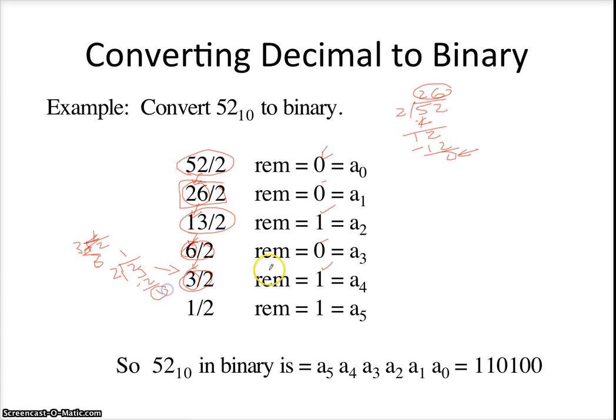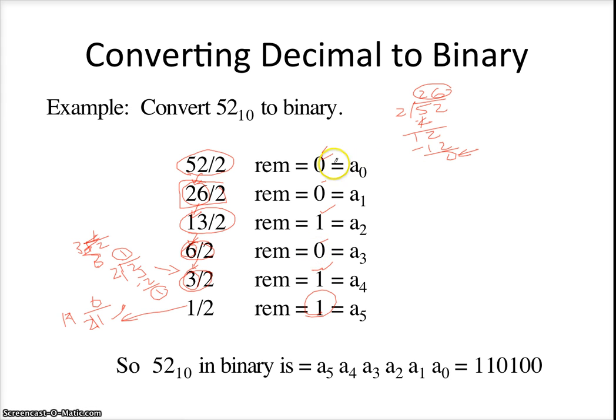Sorry, that's the remainder 1 here. And then you have 1 left over, so 1 divided by 2 gives us 0 with the remainder 1.